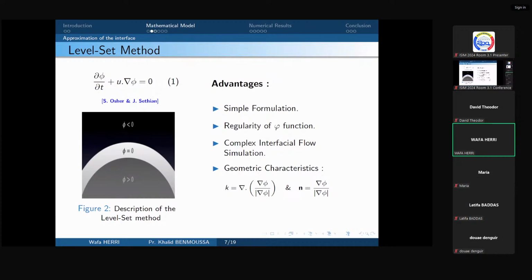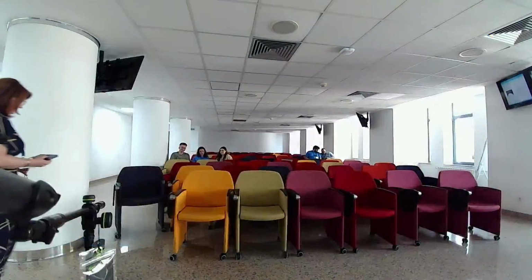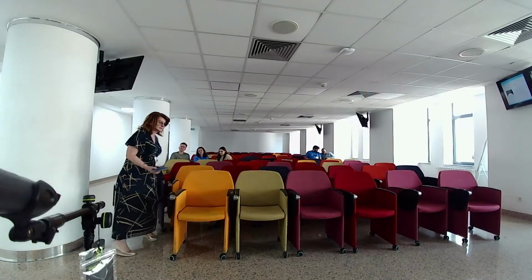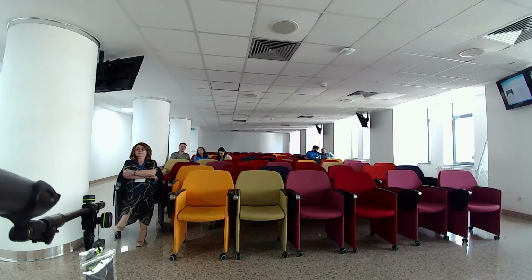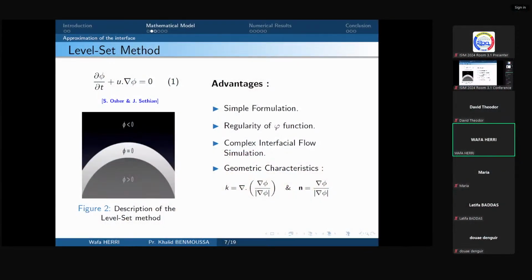The key advantages of this method include the easy formulation and computation, the smoothness of the function phi for accurate numerical solutions of equation 1, and its capability to simulate complex interfacial flows with strong surface tensions. It also allows direct access to the local geometric characteristics of the interface, such as curvature K and normal N.